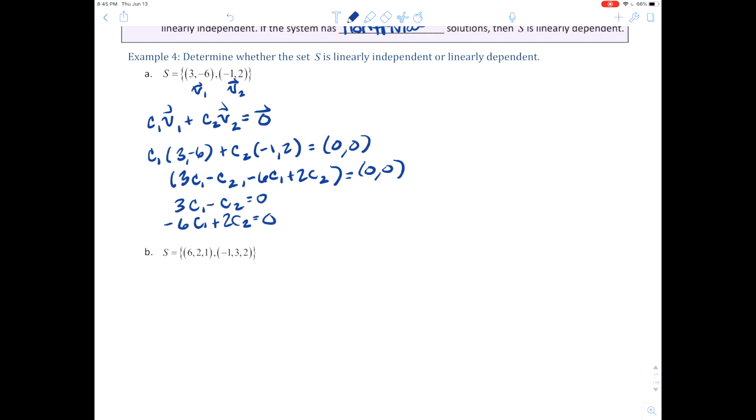What kind of system of equations is that? Awesome, homogeneous system. So if we work this out and put it into a matrix, we'll have 3, -1, 0, and -6, 2, 0.